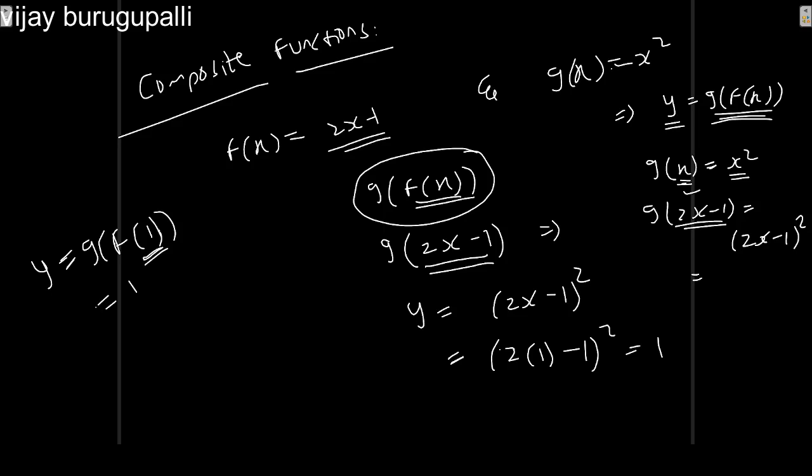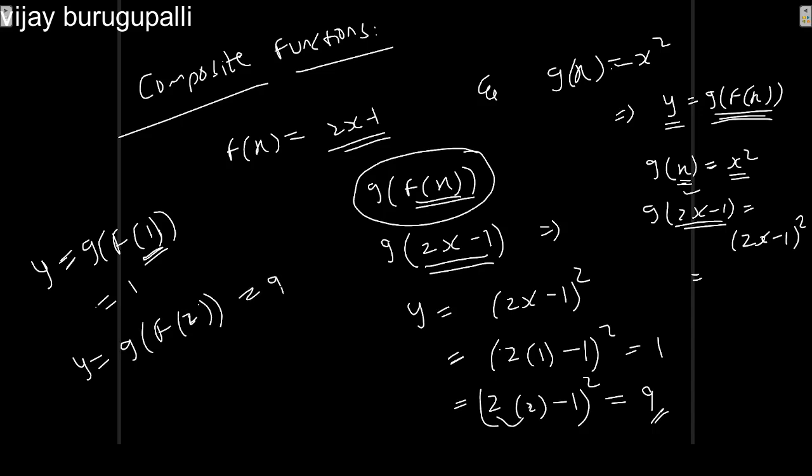If the value of x is 2, that means 2 into 2 minus 1 whole square, then the value of y will become 9, because here 2 into 2 is 4, 4 minus 1 is 3, and 3 whole square is 9. That means if y is equal to g of f of 2, then the value of y is 9.